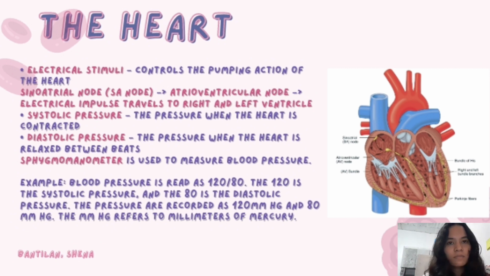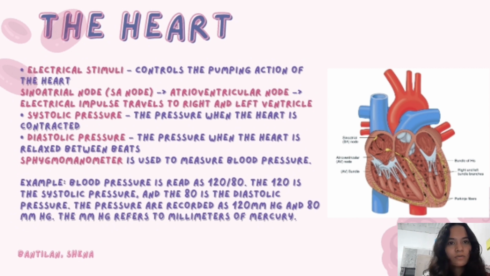Then the electrical impulse travels to the right and left ventricle. So from the sinoatrial node, or SA node, through the atrioventricular node, the electrical impulse travels to the right and left ventricle.